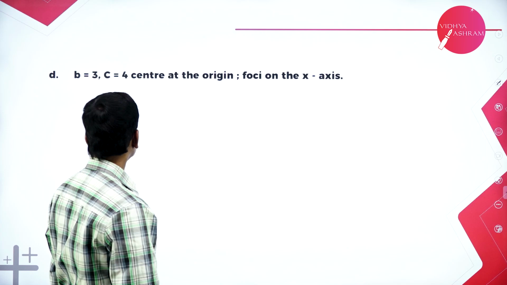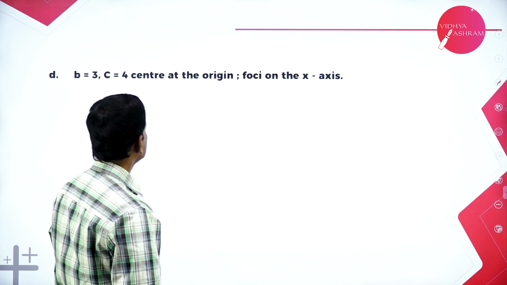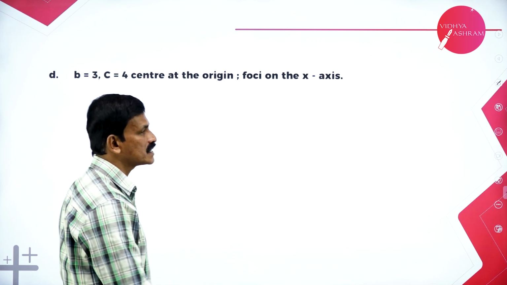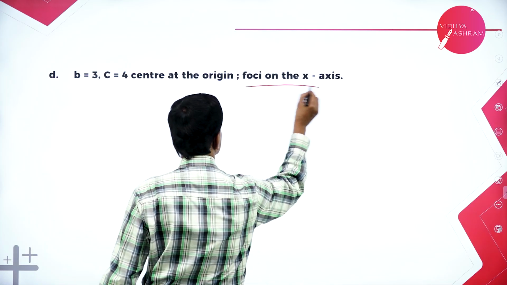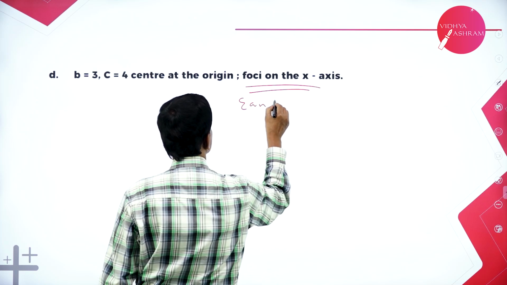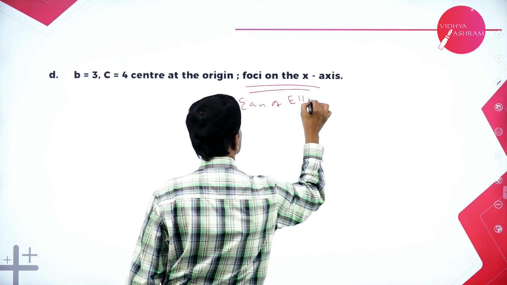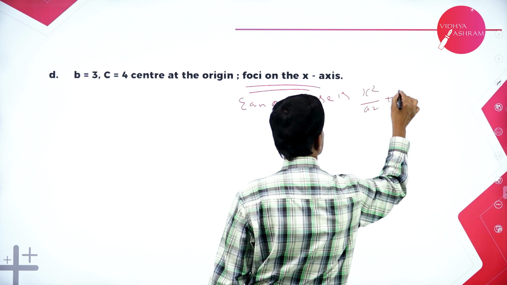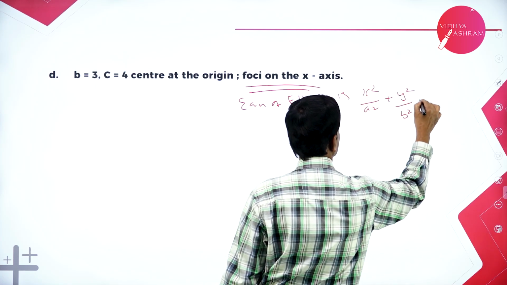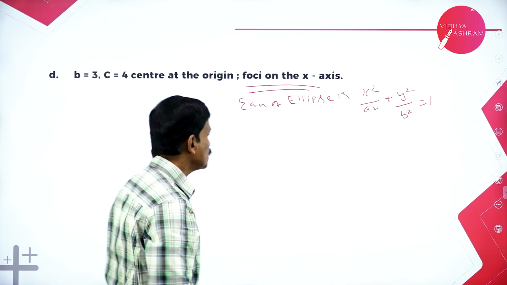If b is equal to 3, c is equal to 4, center at the origin, foci on the x-axis. Very simple problem. Since the foci lie on x-axis, the equation of ellipse is x square by a square plus y square by b square is equal to 1. Now what is given?